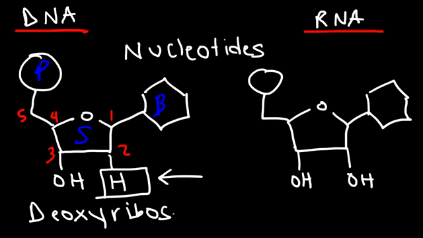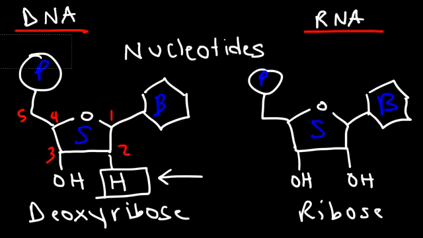It's a deoxyribose sugar because it's lacking in oxygen. Whereas in RNA, you have a ribose sugar. That's why RNA is called ribonucleic acid, but DNA is called deoxyribonucleic acid. But besides that, they both have a phosphate group and a nitrogenous base.